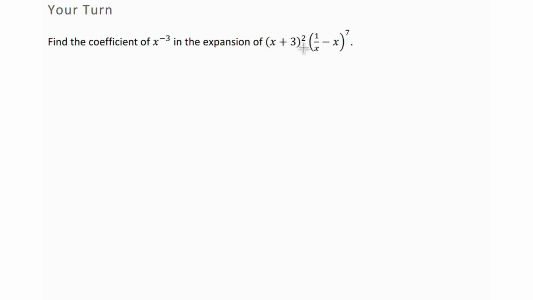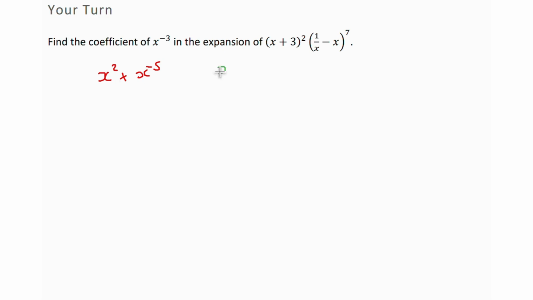Given that this is a quadratic, there are going to be three terms: an x squared, an x, and a constant term. So the ways we could get it: we could have the x squared term from the original thing multiplied by an x to the -5 term from the second bracket. That would give us an x to the -3.